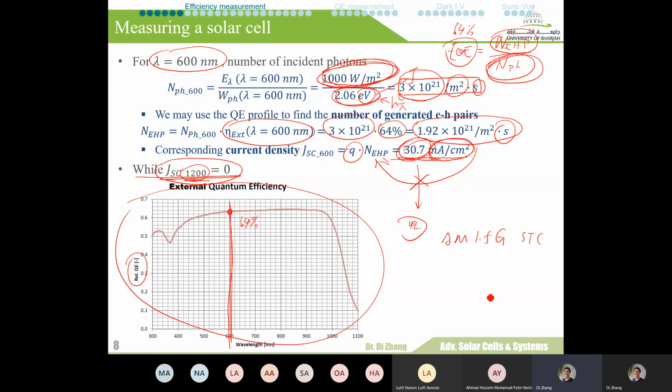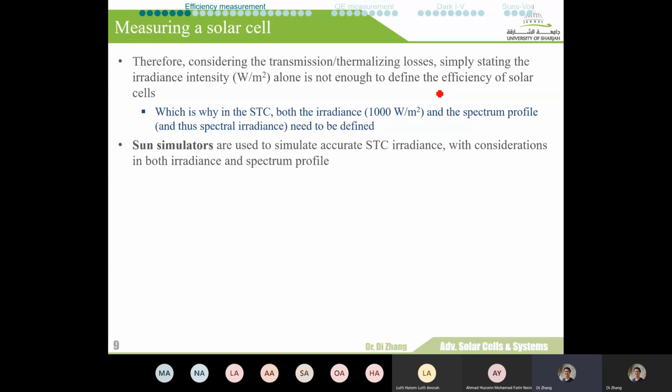So that is actually the importance of the light source spectrum irradiance. I hope that you can begin to see why we need the two requirements in STC, to define both the irradiance, the watt per square meter, as well as the spectrum irradiance, the AM 1.5 G spectrum.